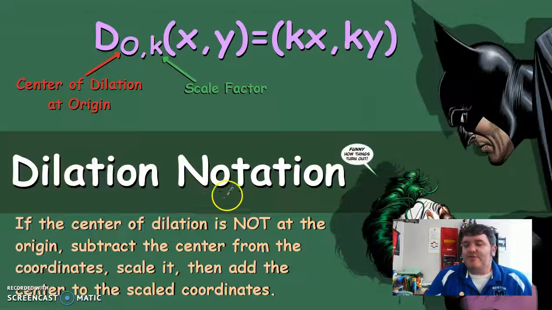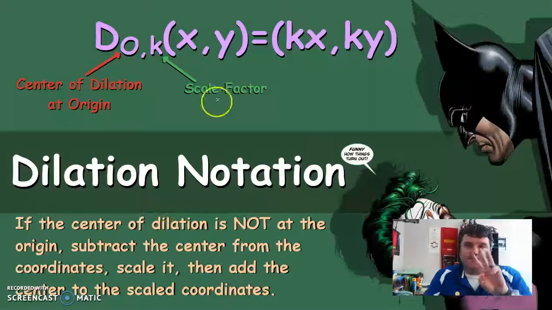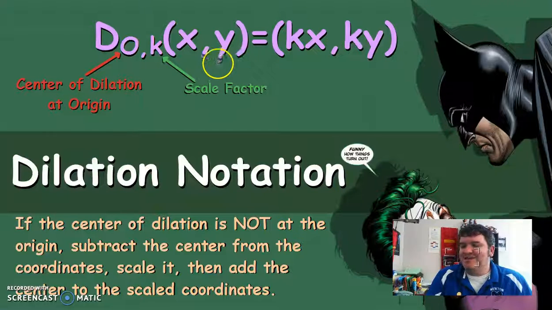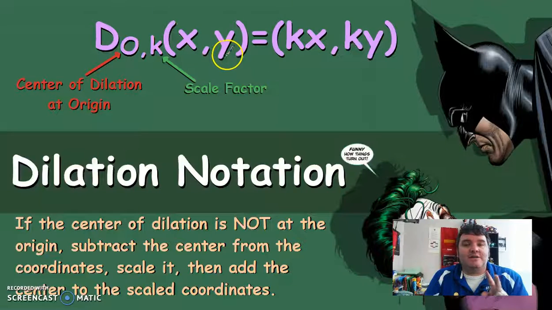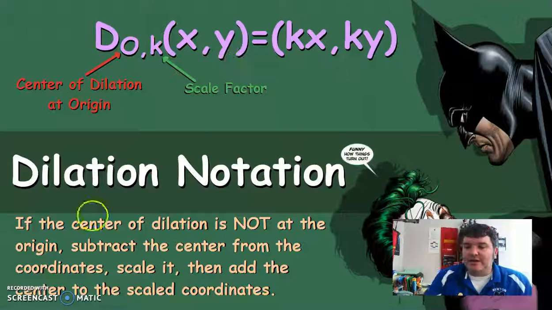Now let's say, though, that the center of dilation is not at the origin. What you're going to do is follow a simple 3-step process. You're going to subtract the center, then scale it by multiplying the scale factor, and then add the center. Now, I know sometimes there's a little logo here. You may not be able to see it, but we'll get to a problem in a minute, and hopefully that'll work out better for you.